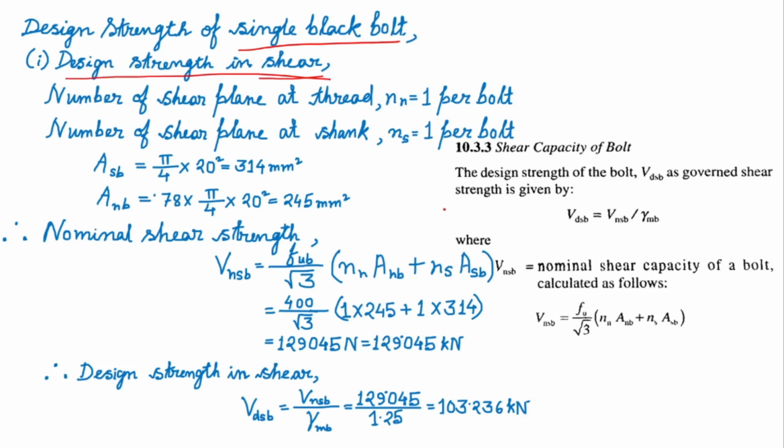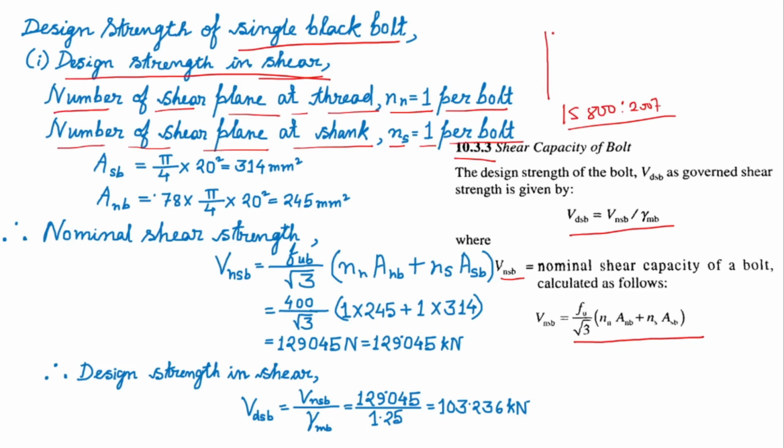If you follow clause number 10.3.3 of IS 800:2007, we shall get the expression for design strength of the bolt against shear. So this is the formula we have to use here. Vnsb, which is the nominal shear capacity of the bolt, is equal to fu by root 3 multiplied by (nn Anb + ns Asb).